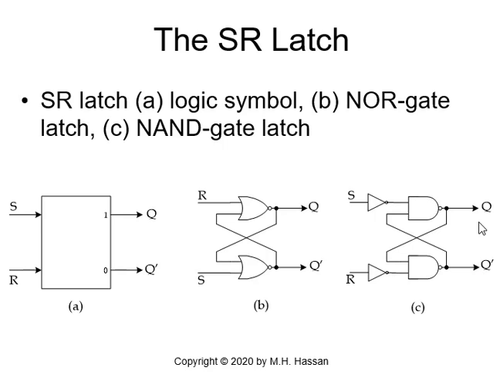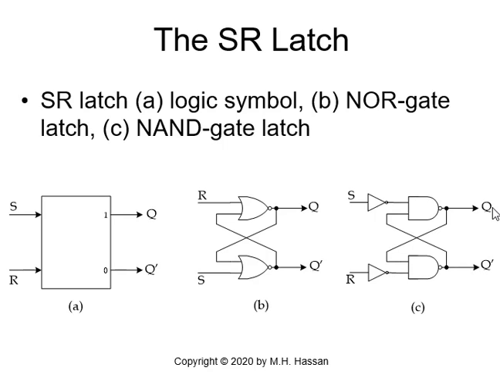Okay, so let me repeat. Q is initially 0. We have S equal to R equal to 0. So S prime is 1 and R prime is 1. If this is 0, this must be 1. And 1 NAND 1 on the upper NAND gate will be 0. And 0 NAND 1 on the lower NAND gate will be equal to 1.